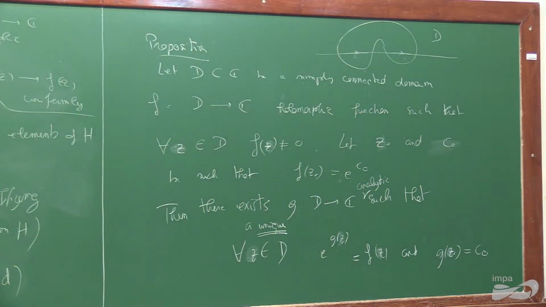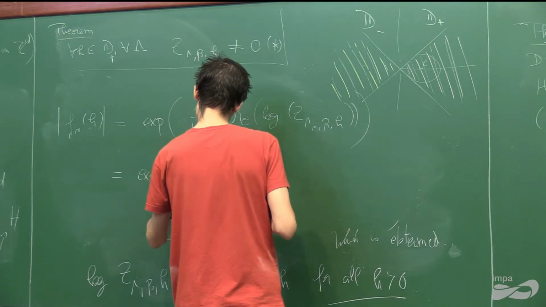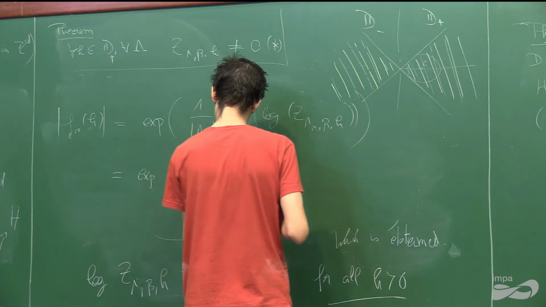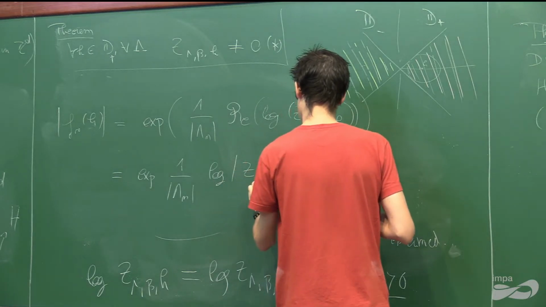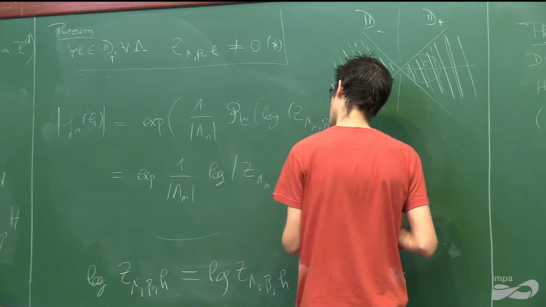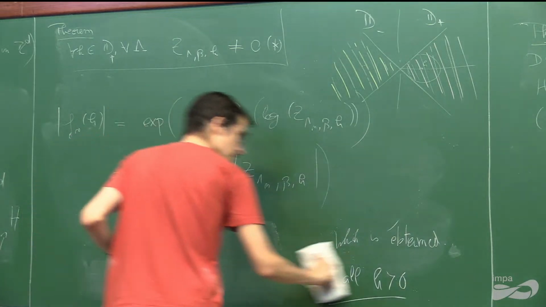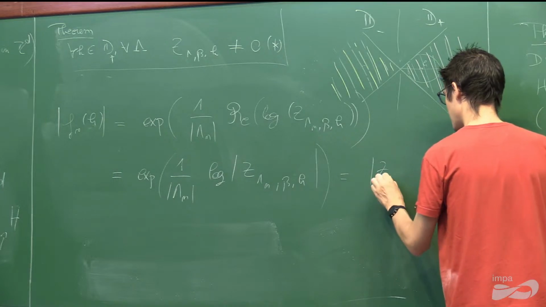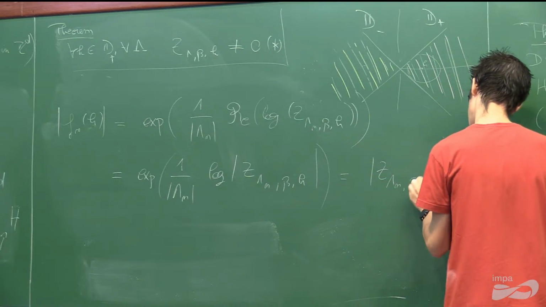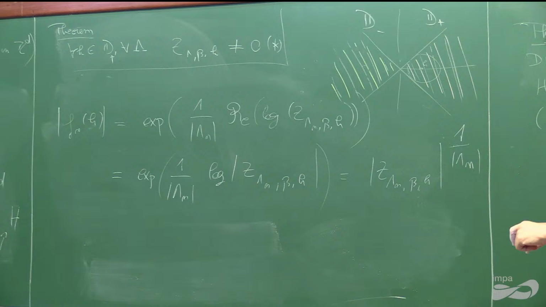So this is equal to exponential 1 over gamma n log z lambda n beta h, which is simply equal to z lambda n beta h to the 1 over the cardinality of lambda n. Okay, so we just have to bound this modulus.